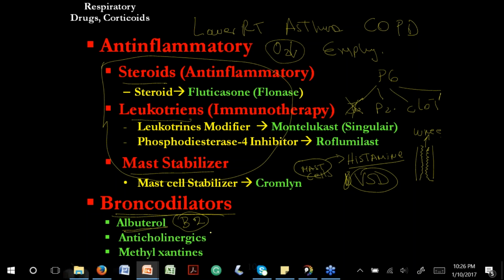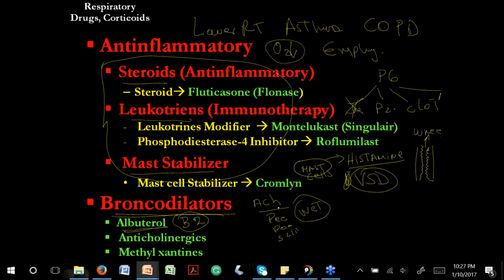We have the anticholinergics that you already know. For example, remember acetylcholine. The opposite is going to be anticholinergic, but let's start with acetylcholine. Acetylcholine, remember, is increased pee, increased poo, and saliva, right? So everything that is wet is going to be acetylcholine.